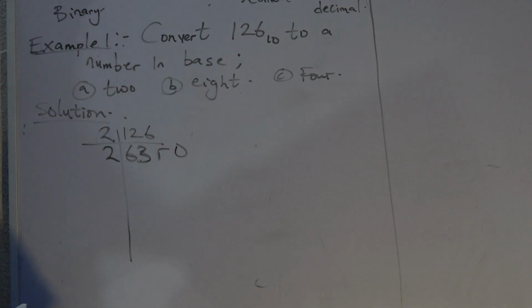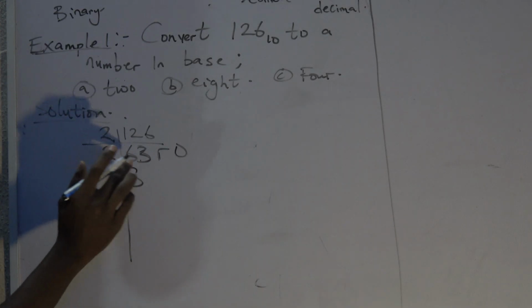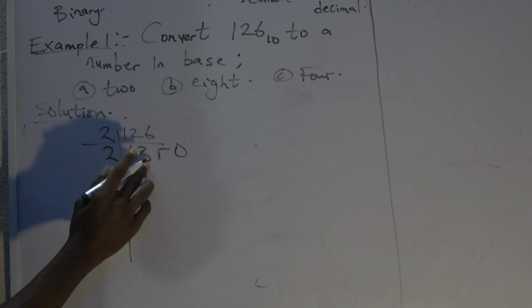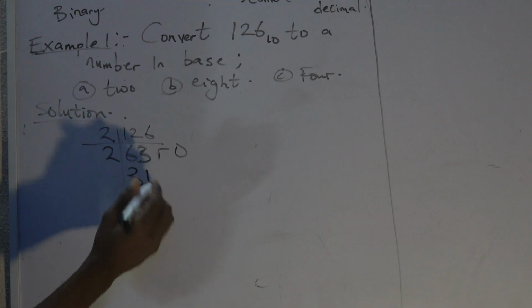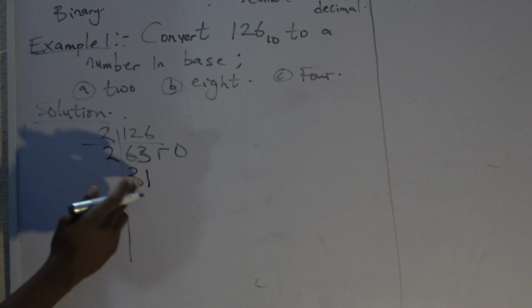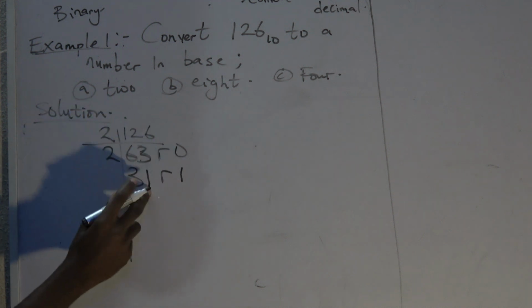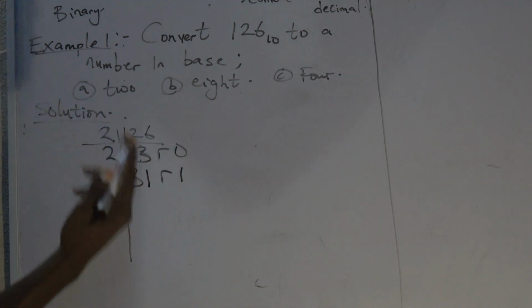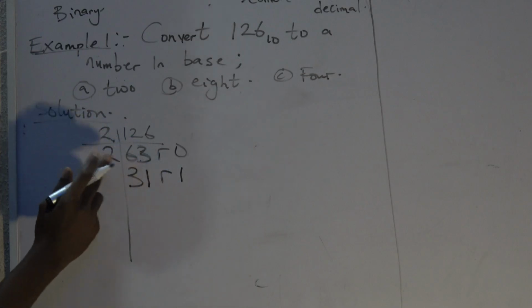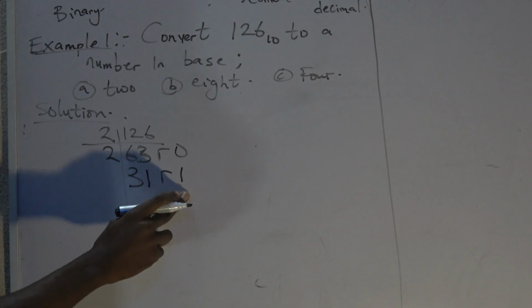Now let's look at 2 in 63. 2 into 6 is 3. 2 into 3 is 1, remainder 1, because 2 times 1 is 2. So we bring down the 3, remainder 1.